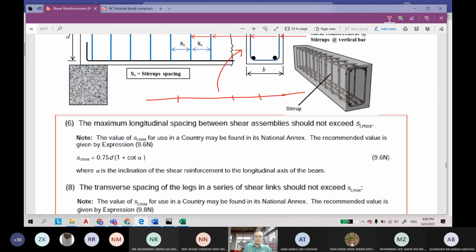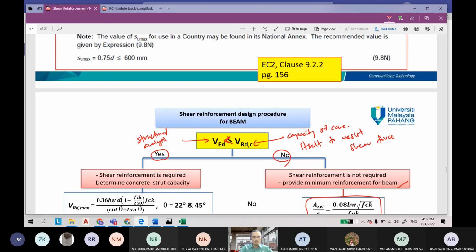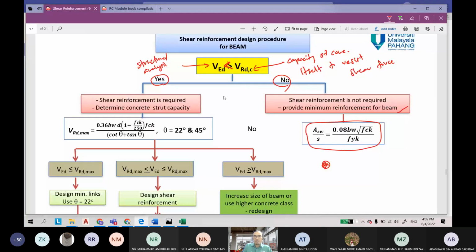If our VED is greater than the capacity of concrete to resist shear force, we need the shear reinforcement, and then we must check the concrete strut capacity. We must know the value of theta here.